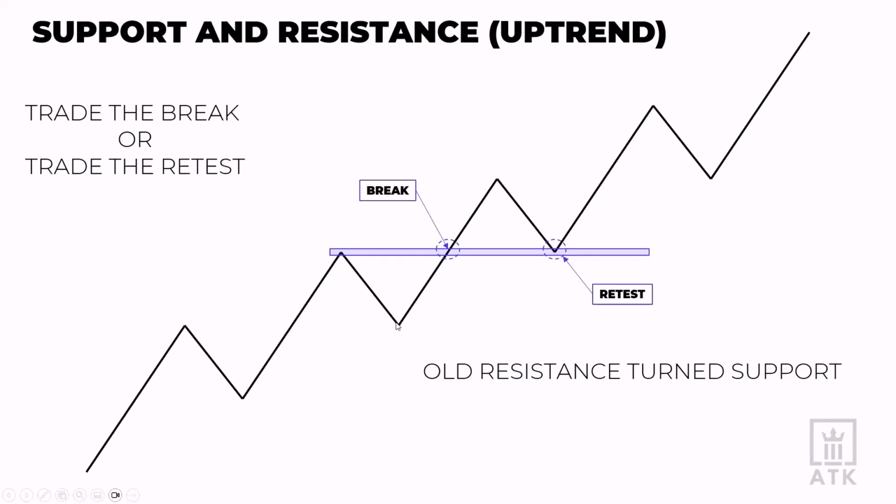If price breaks, more than likely it's going to retest. There's no certain time when the retest is going to happen. It could happen instantly, where it breaks and for a second comes back, taps that area, and then keeps going. Or it could keep going, and a couple of days later come back and retest that area, and then keep going. But we look for those in the market: a break and retest, where old resistance becomes new support.